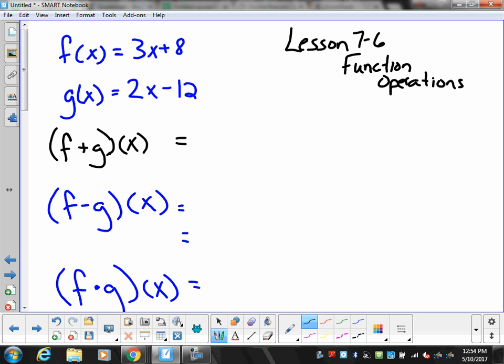And just as a reminder, when we have this f parentheses x or g parentheses x, or any other letter with a parentheses and another letter, that's called function notation. It's the same as saying y equals f of x, g of x.